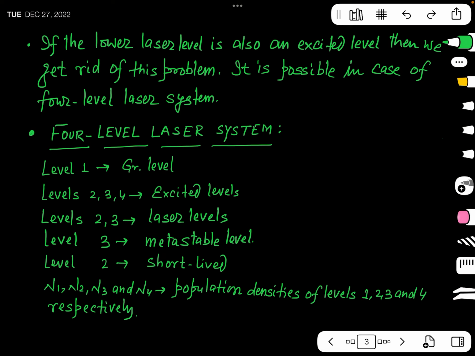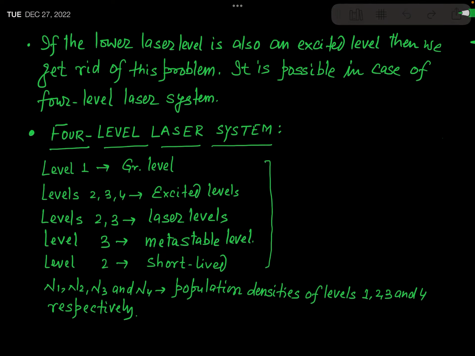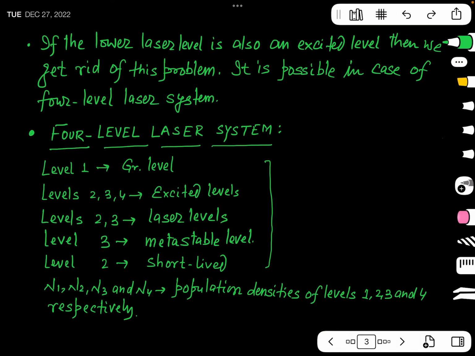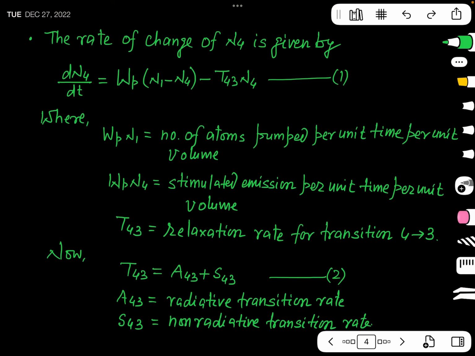In a nutshell, I have marked here all those things which I have just discussed. You have written rate equations various times before this lecture, in the 2-level and 3-level laser systems. On the basis of the concept we developed in the previous lecture, we will write the rate equations here in brief. So let us see.